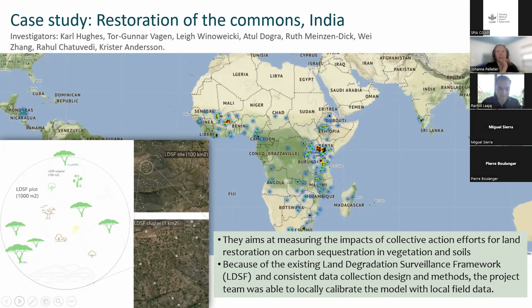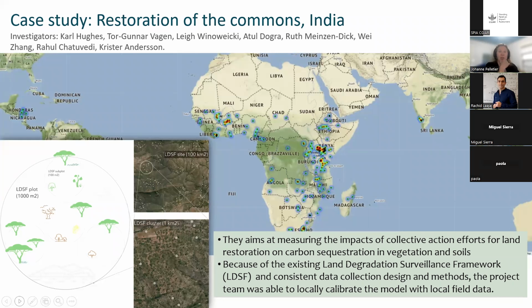They aim at measuring the impact of restoration using the carbon sequestration in vegetation and soil. And so they applied this Land Degradation Surveillance Framework that was originally developed in Mali and is now implemented with the same method in 25 countries and 60 sites.